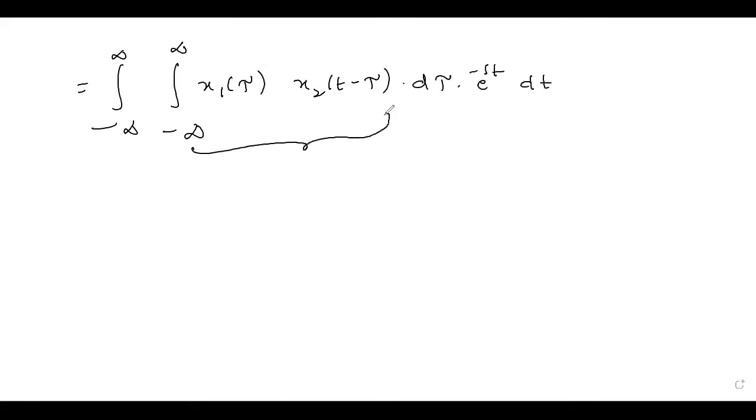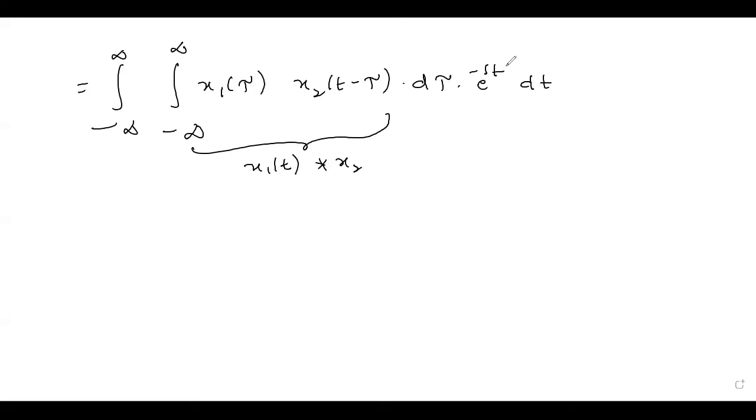This total thing is the formula for x1 of t convolution x2 of t, and up to here is the signal multiplied with kernel. Here it is nothing but the Laplace transform of x1 of t convolution x2 of t. Please correct it. Previously I didn't include the double integration, because we are finding the Laplace transform, signal multiplied with kernel. The signal is a convolution between two signals, so I have written the convolution definition here.